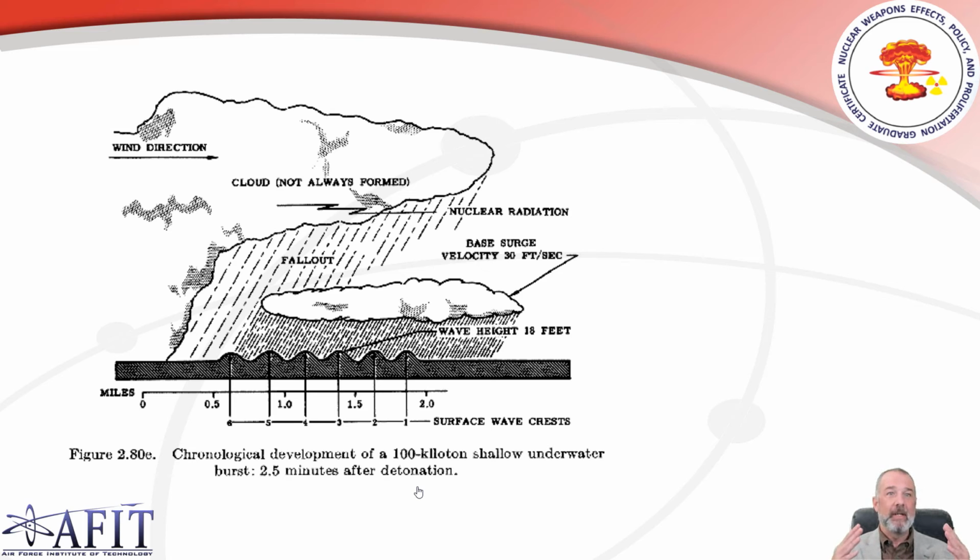Now, because we're going from less dense to more dense, we're basically just reflecting that pressure wave. It's not a tension wave. When that happens, it can pull up material from the bottom of the body of water, and that can get all mixed in with the radioactive material and the hot gases as it ascends and breaks the surface. So we can have even more junk that will precipitate out of that top cloud.